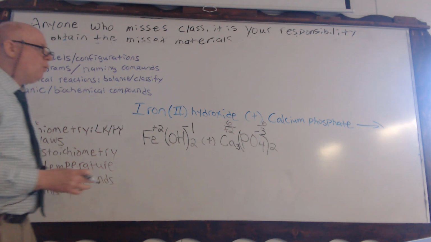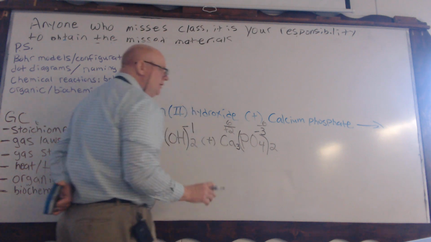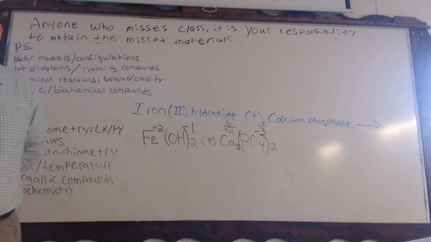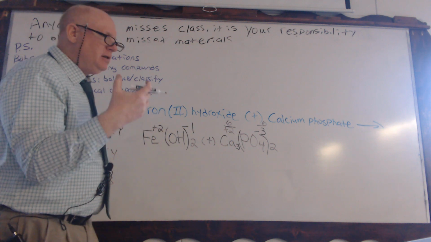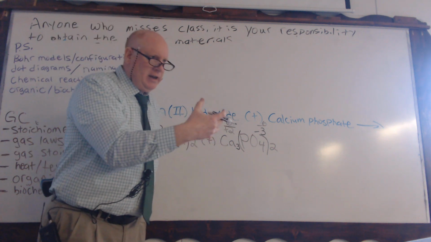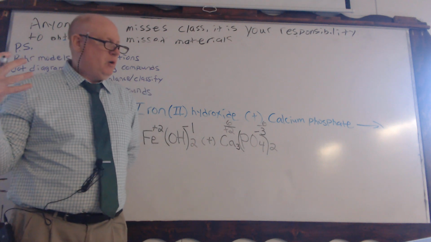Because remember, we have one phosphate ion. We want 2 of them. Okay? Now, that gets to be a little tricky when we say you, and that's what you requested, you tell us. Because if we didn't know it now and we come across this again, then you might not know it the next time, or the next time, or the next time. So that's something to be aware of.